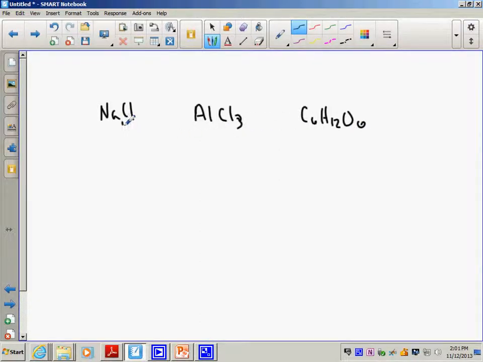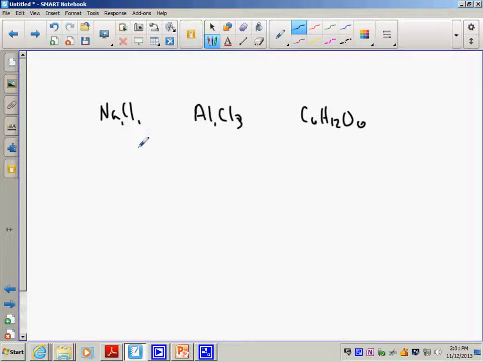This is 1 sodium for every 1 chlorine, 1 aluminum versus 3 chlorines, 6 carbons, 12 hydrogens, and 6 oxygens. These subscripts give you the quantities of these individual atoms, and they are locked.